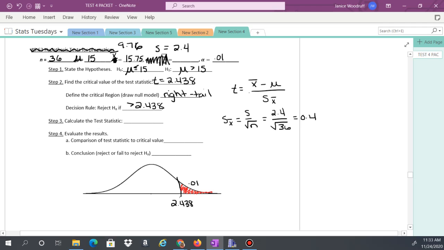Okay, then we're going to do our t value. So that's going to be x bar, 15.75 minus 15, over the standard deviation of x bar, 0.4. So let's go ahead and get that.